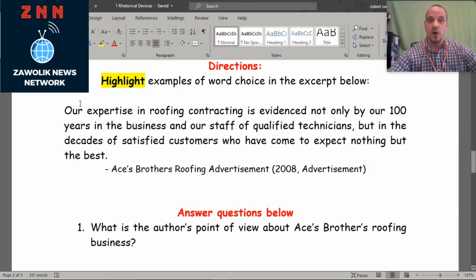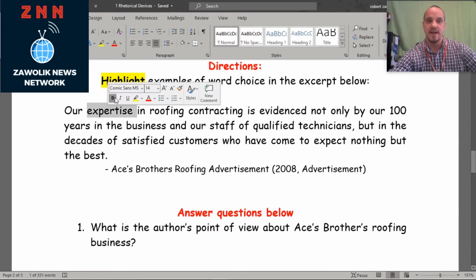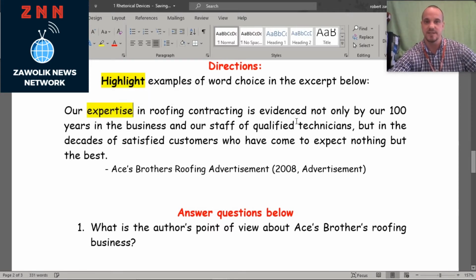Here's another example. Our expertise in roofing contracting is evidenced not only by our 100 years in the business and our staff of qualified technicians, but in the decades of satisfied customers who come to expect nothing but the best. Well, I'm convinced. Let's see the word choices that were made here that help you gain trust.